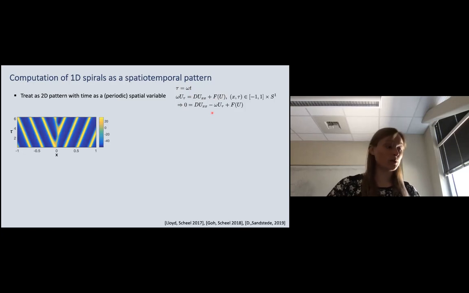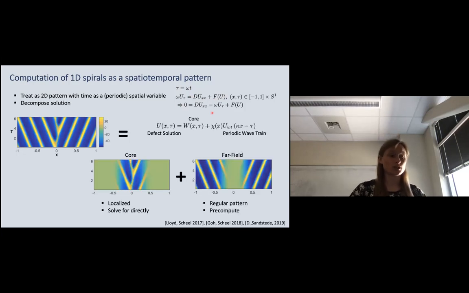In order to compute this efficiently, what we're going to do is decompose our solution, and we're going to use the structure to do that. At the center, we have this core region, and on the ends, we have these regular patterns in the far field. So we're going to write our defect solution as equal to the core plus the regular periodic wave trains in the far field, connected by a smooth cutoff function, this chi.